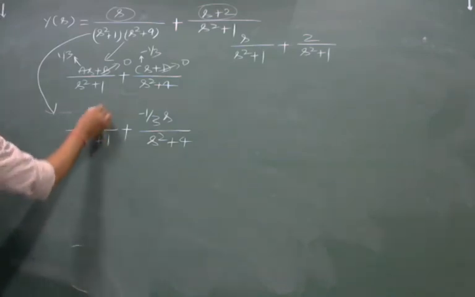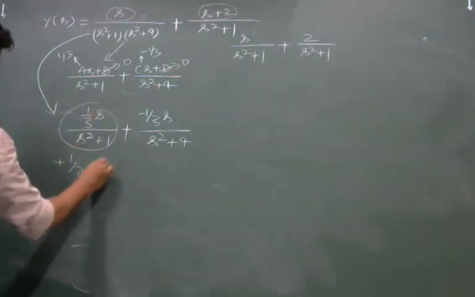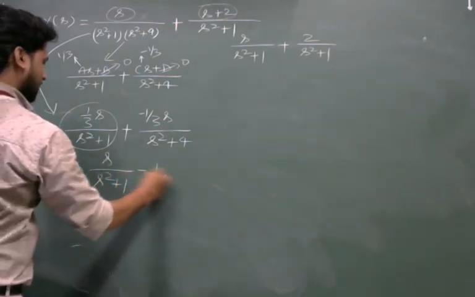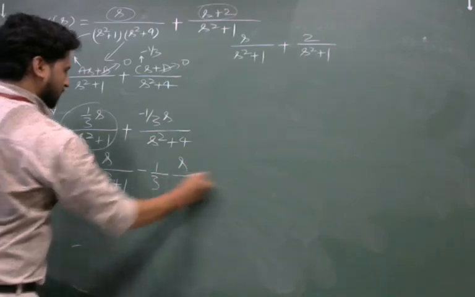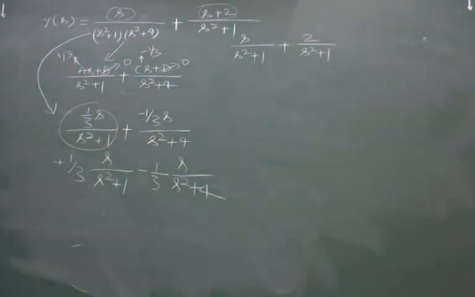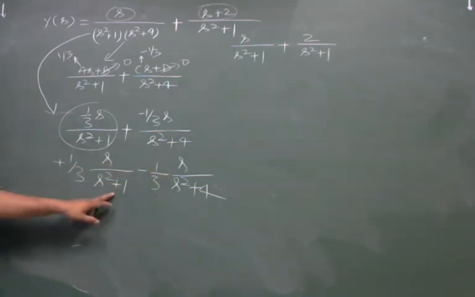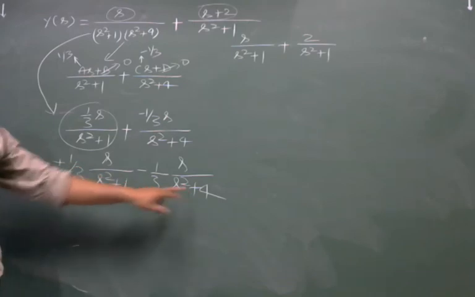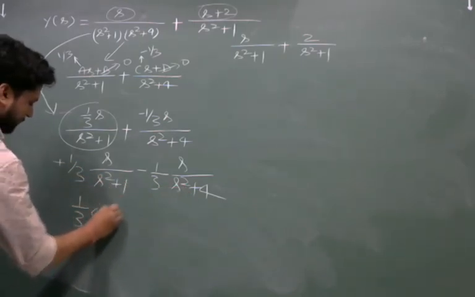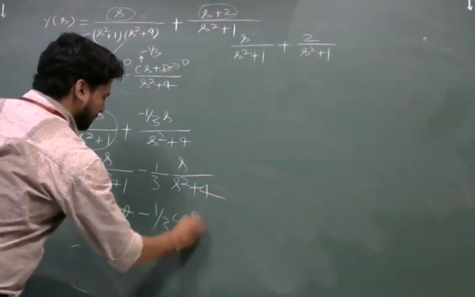So come to this term: 1 by 3 s upon s square plus 1 minus 1 by 3 s upon s square plus 4. If we take the inverse Laplace transform of this term, this will become cos of t and this will become cos of 2t. So this will become 1 by 3 cos of t minus 1 by 3 cos of 2t.